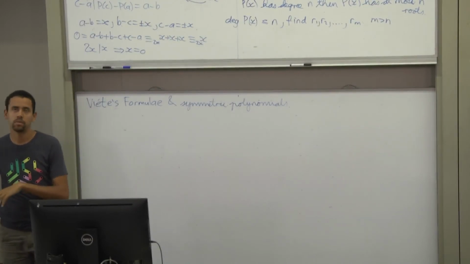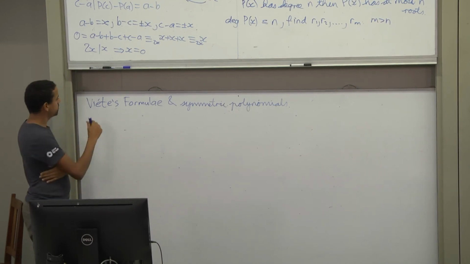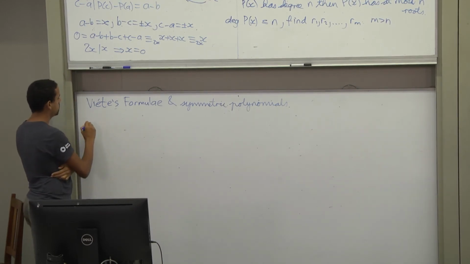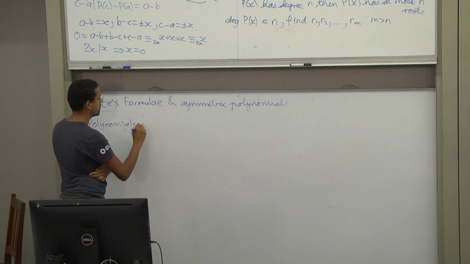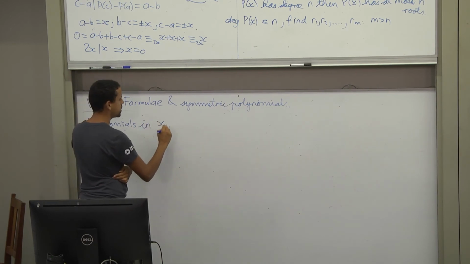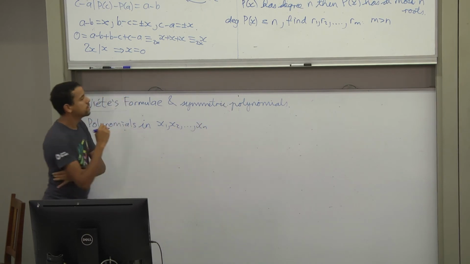That's for fancy people. But let's suppose we want to consider polynomials in n variables, so x1, x2, up until xn.